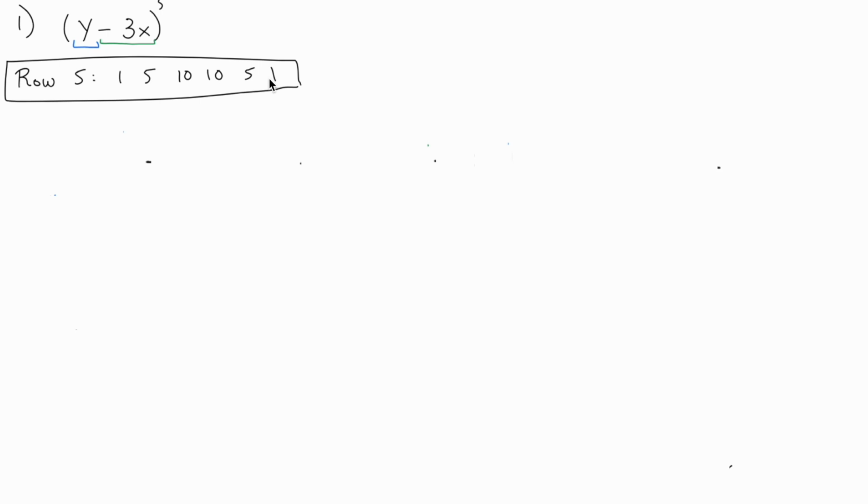So that is the first thing that I'm going to do. I'm going to write down 1 plus 5 plus 10 plus 10 plus 5 plus 1. So I write down the numbers that appear in the corresponding row of the Pascal's triangle. Then, and here is the confusing part, so be careful.